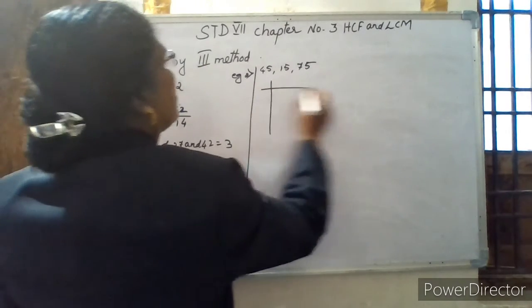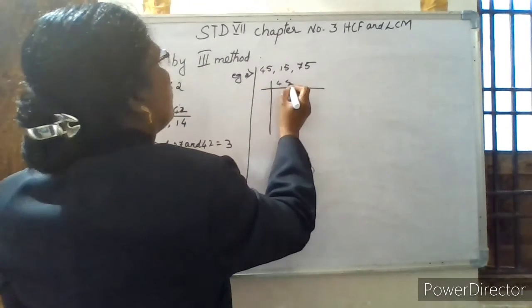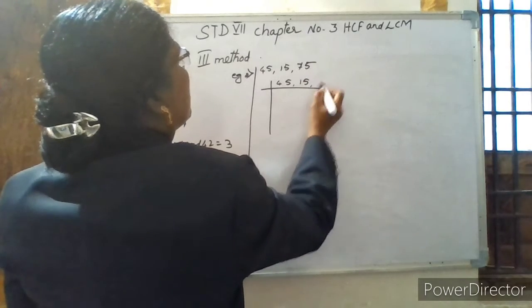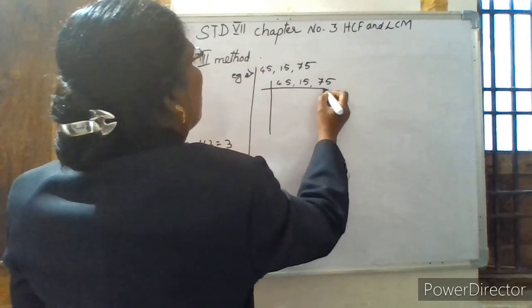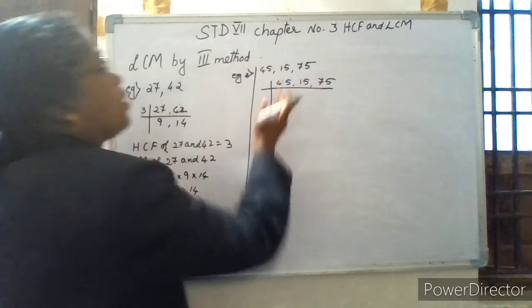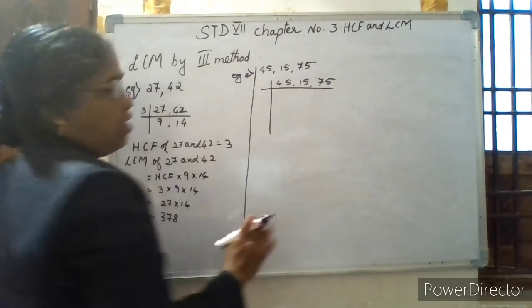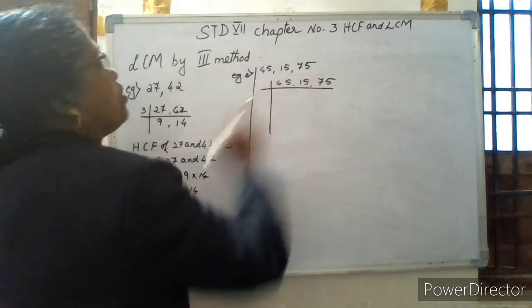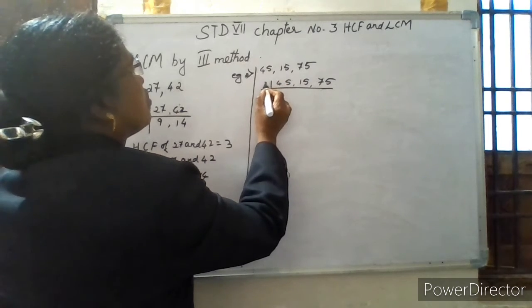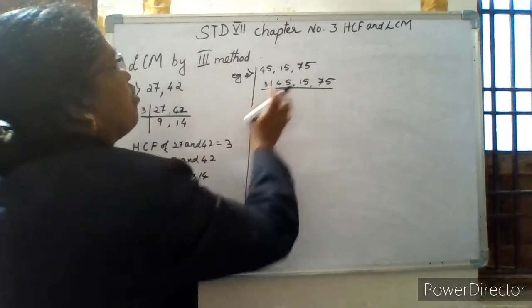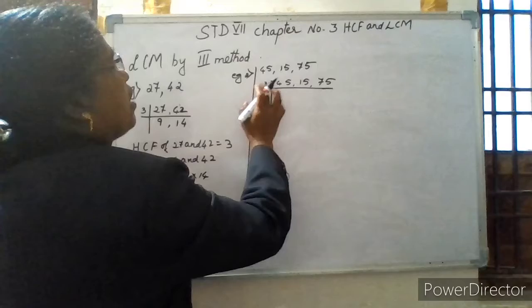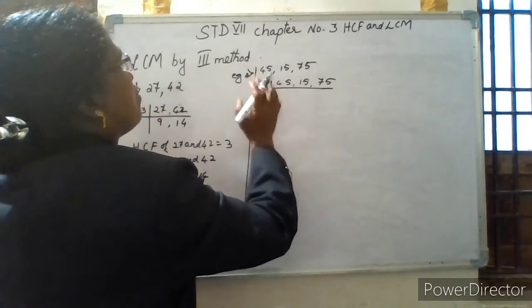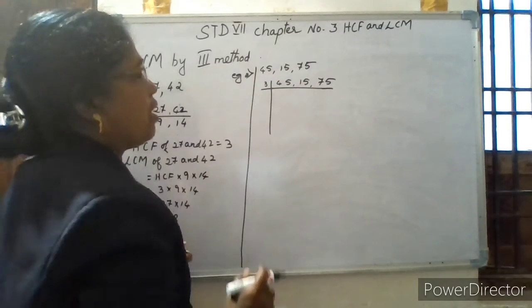From this column, you write 45, 15, then 75. Now you have to search for a number by which all three numbers are divisible. So the smallest prime number is 3. 45 is divisible by 3, 15 is divisible by 3, and even 75 is divisible by 3.